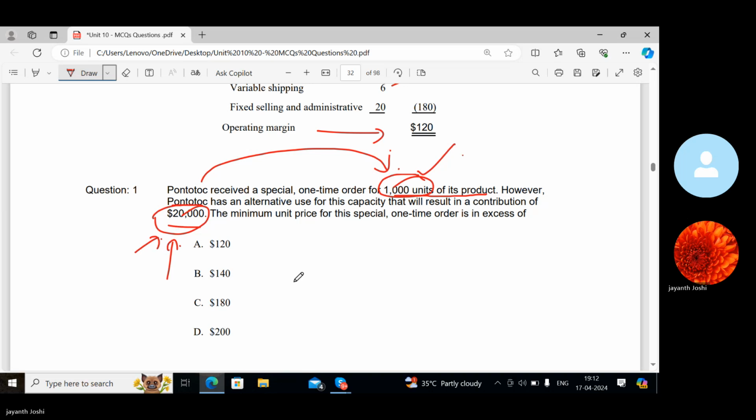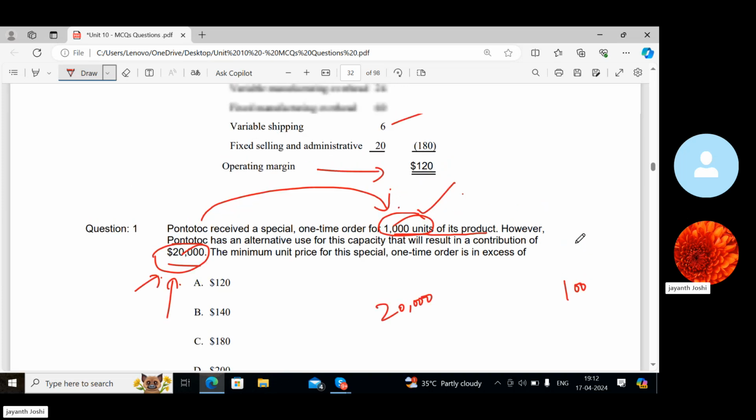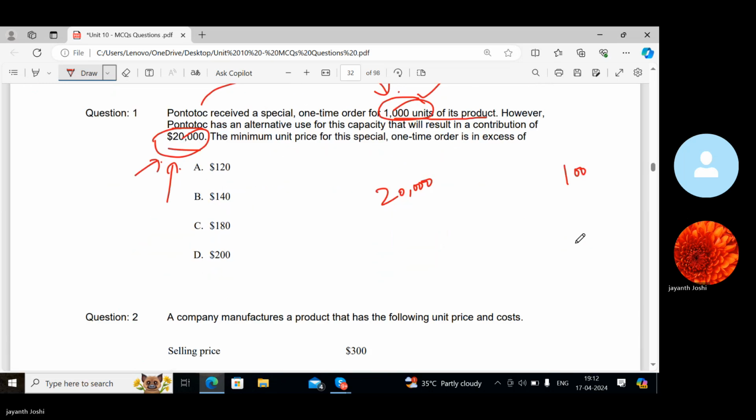Given that the alternative use will generate $20,000, the special order you are taking should recover your variable cost, which is 100, and also the contribution you are losing if you put this capacity into alternative use.